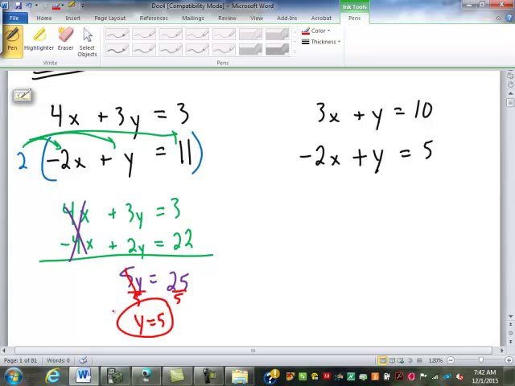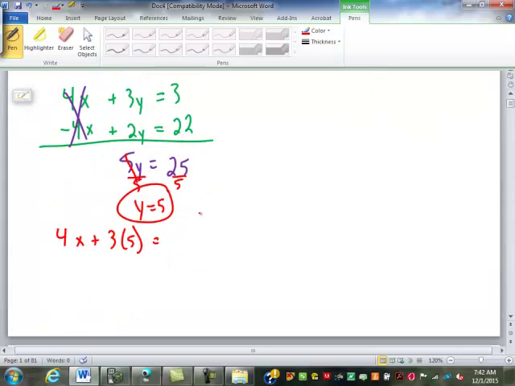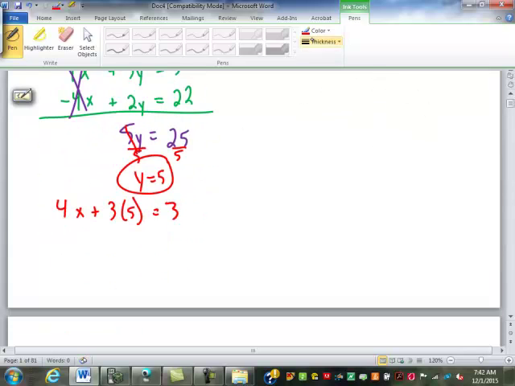Now what do we do? We have to go back and find x, which means we have to go back to either one of the original 2 equations. I'm going to use the top one since it's all positive. So 4x plus 3y becomes 4x plus 3 times 5 equals 3. So 4x plus 15 equals 3.